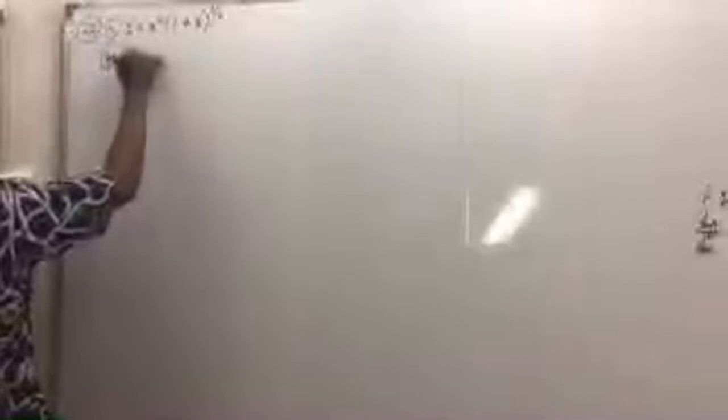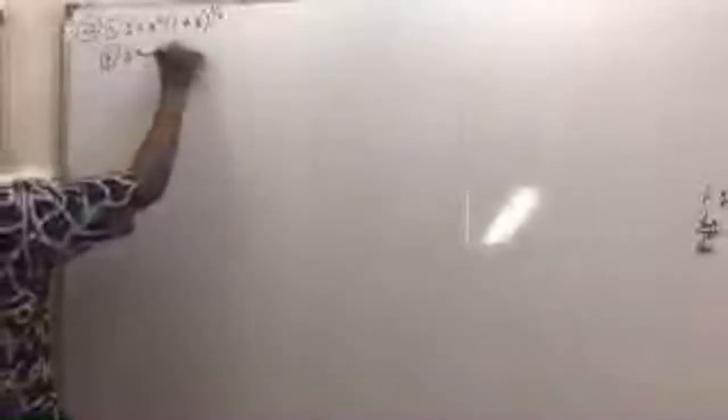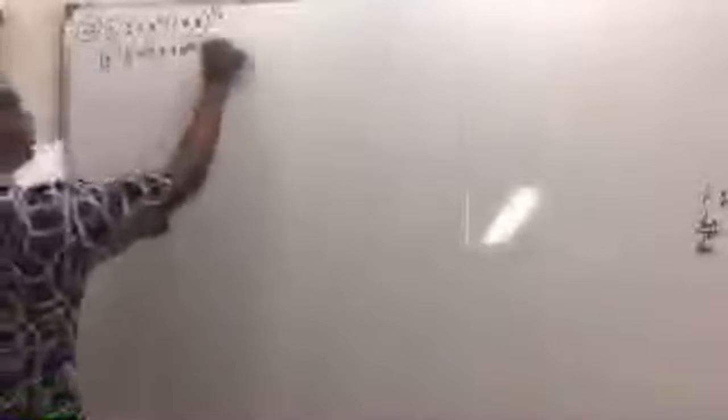We are given this function to differentiate. The next function, B, we are also asked to differentiate. I'm going to write out all the functions we are going to be differentiating under 22. Under 22 we have A, B, C, D, E, and F.